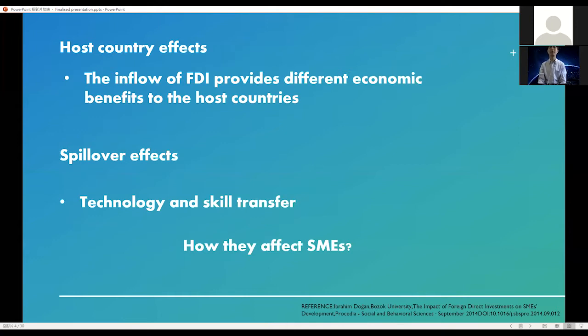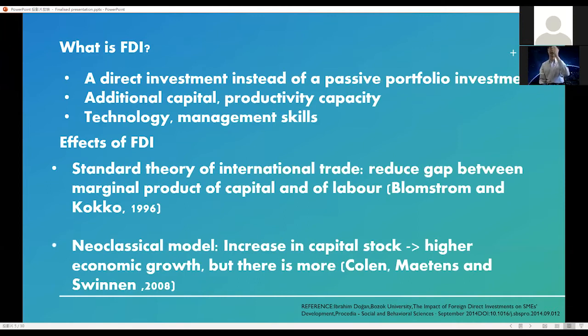Are they really bringing any benefit to them? And also the spillover effect, that FDI often brings a lot of externality to the economy. But how those externalities are translated into effects on SMEs will be the focus of the following discussion.